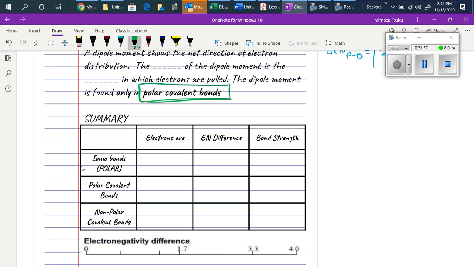By losing and gaining, we have two entities with opposite charges, which creates what is known as the electrostatic force between the two. In ionic bonds, the electronegativity difference is greater than 1.7, and the bond strength is the strongest.